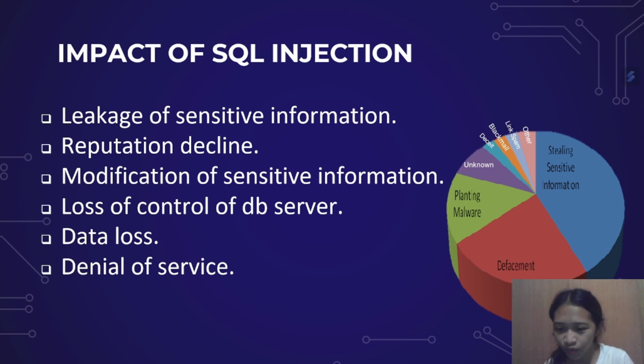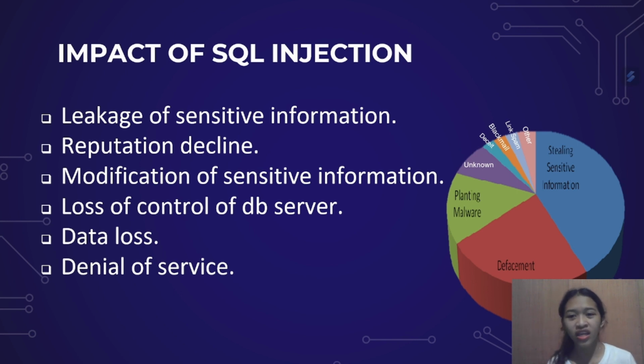Second, we have the reputation decline. A successful SQL injection attack can damage the reputation of a business or organization, particularly if sensitive information or customer data is compromised. This can lead to a loss of trust among customers, partners, and stakeholders. Third, we have the modification of sensitive information.